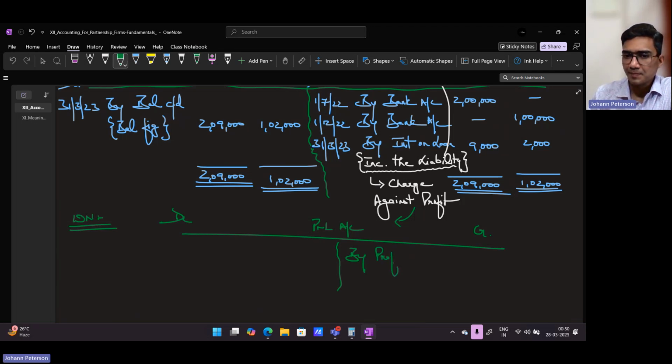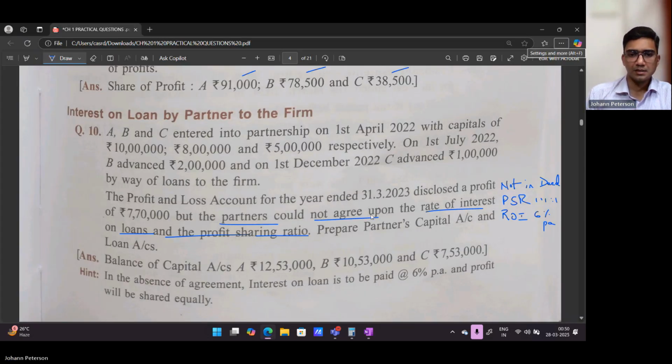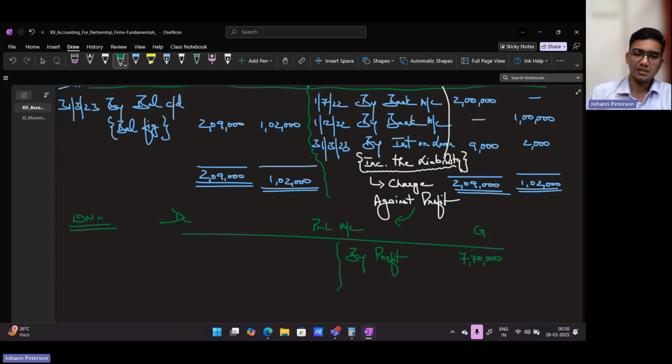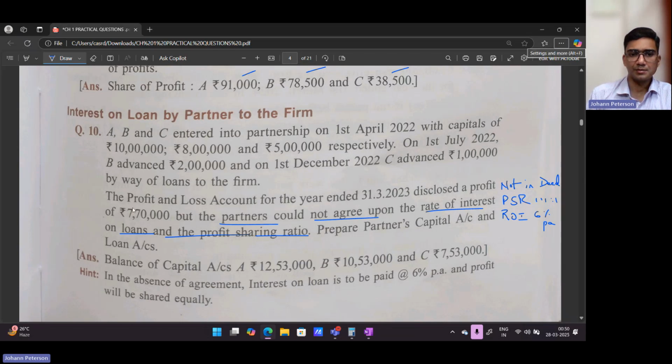So by profit, and how much is given to us? 7,70,000. The profit and loss disclosed the profit of this, but the partners could not agree. So that means what was not agreed upon? Giving this rate of interest. What was not agreed upon? Dividing it in the profit sharing ratio.